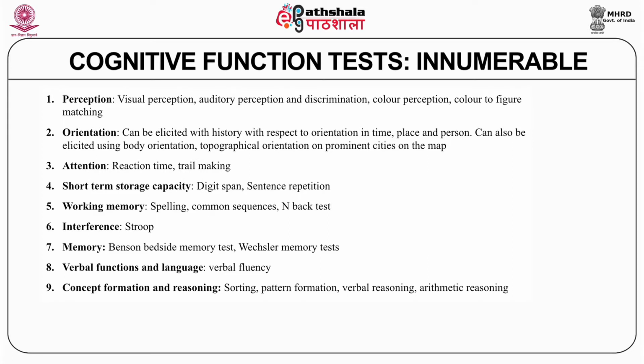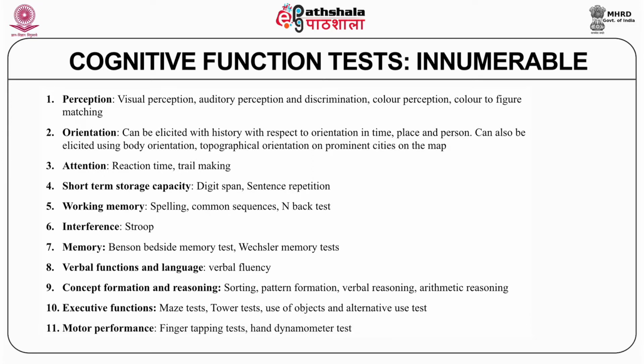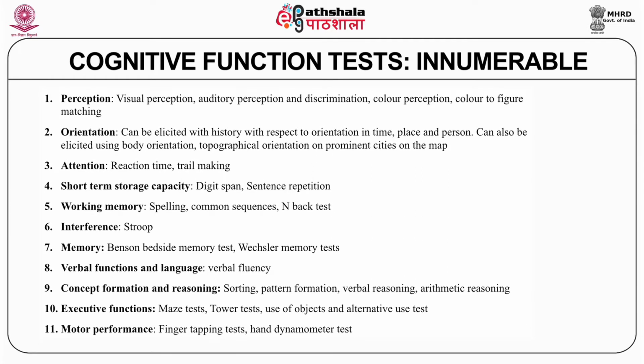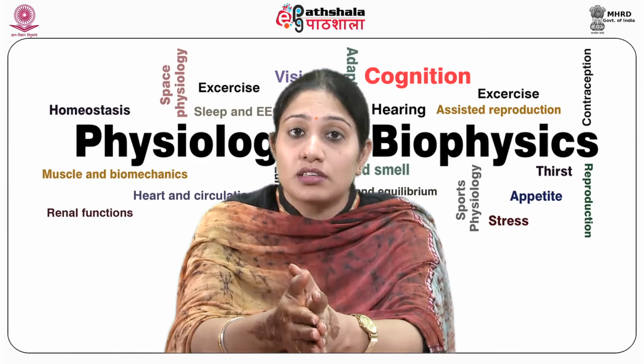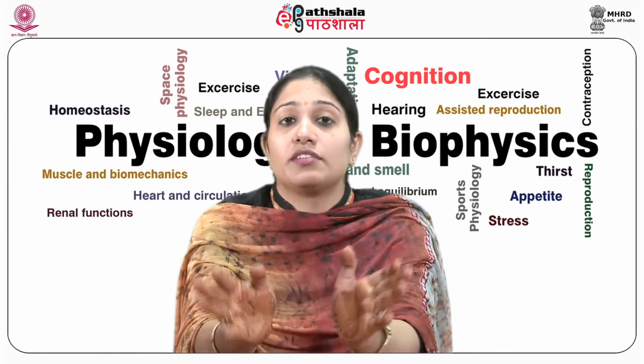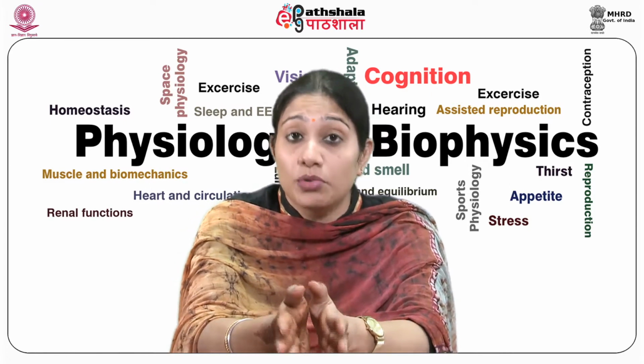So there are innumerable tests which can be administered with respect to specific domains. Executive functions can be done using maze test, star test, use of objects and alternative use test. The motor performances can be elicited by finger tapping test, hand dynamometer test. So these are the tests which are available and there are many more.